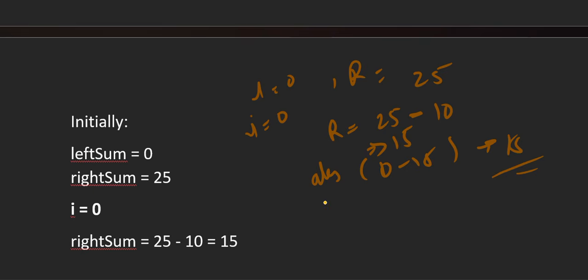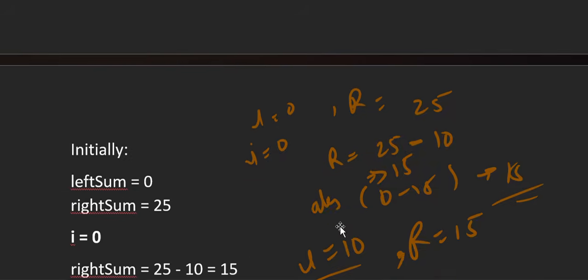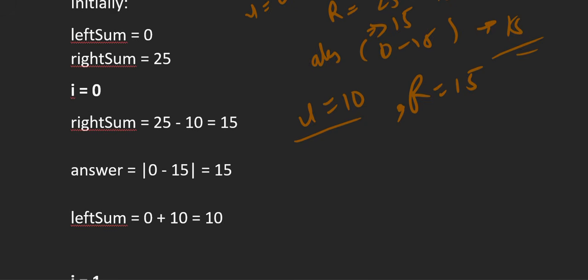So we store the answer, and then we add the current element, that is 10, to left. So our left becomes 10, our right is equal to 15, right? So then we go to i is equal to 1, which is 4. So at i is equal to 1, we have left is equal to 10, right is equal to 15. So first we do right is equal to 15 minus current element, that is 4.